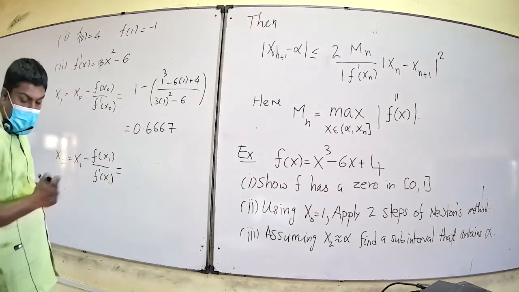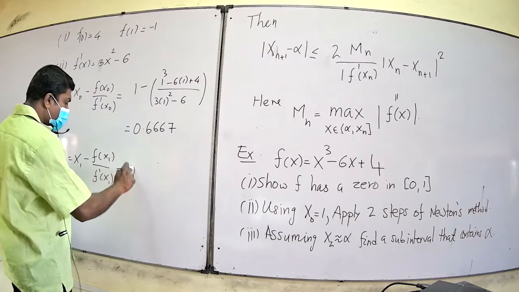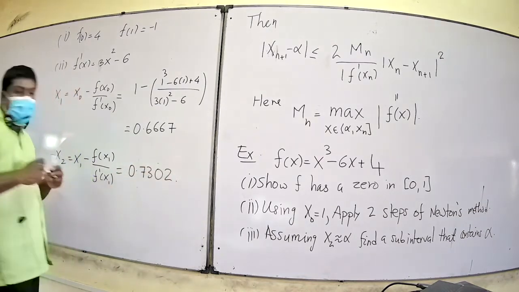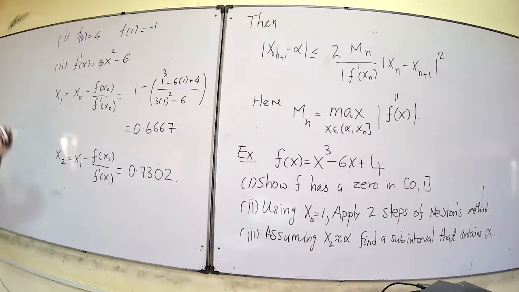You will get 0.7302. Right? So these calculations, just putting the numbers in the function and calculating it using a calculator. Let's say we are doing all with 4 decimal place rounding. So all our computation is based on 4 decimal place rounding.